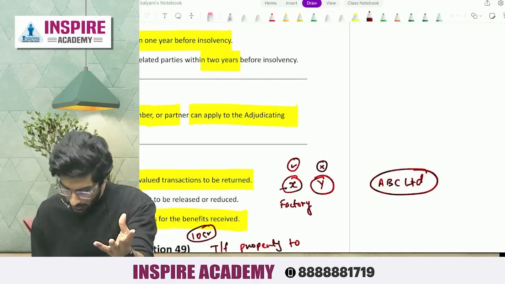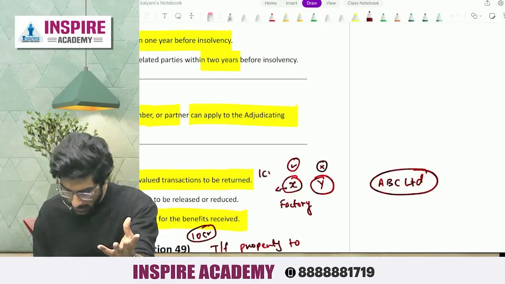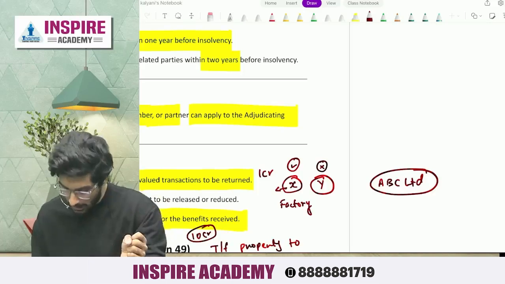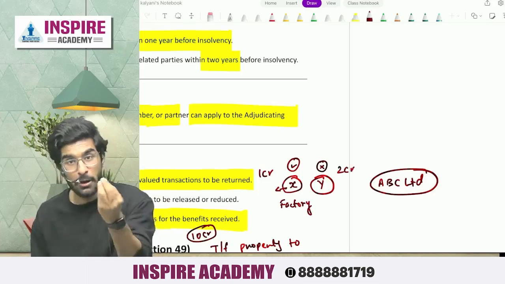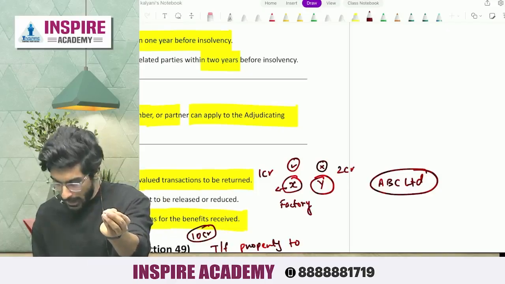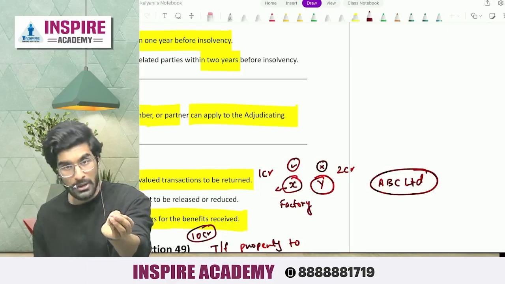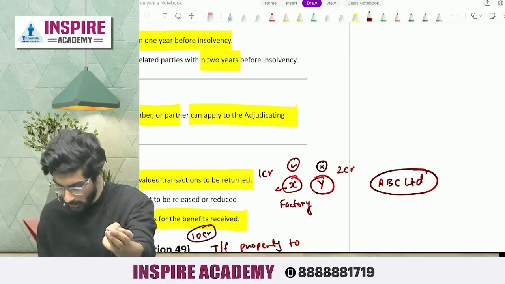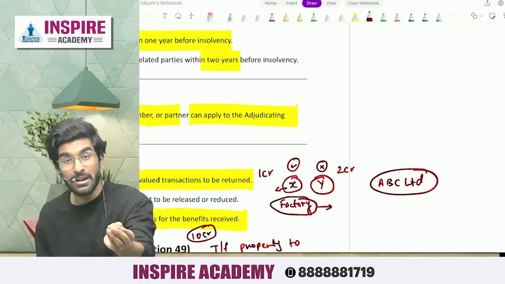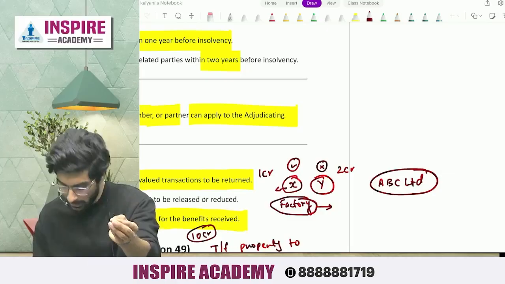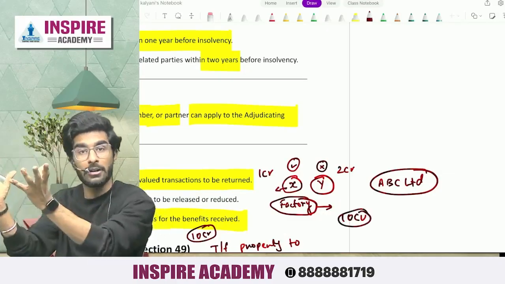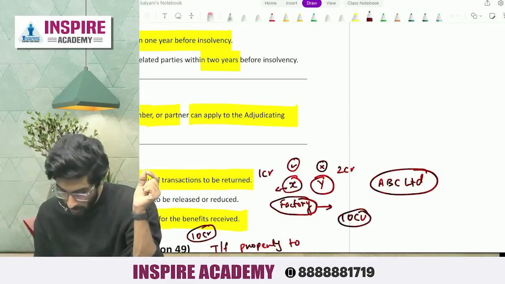If let's say 1 crore is repayable to X and 2 crore is repayable to Y, obviously you should give priority to the 2 crores, right people? But over here, what are you doing? You are keeping the factory as a security. And what is the value of the factory? 10 crores. You're keeping such a high value factory as a security to X.